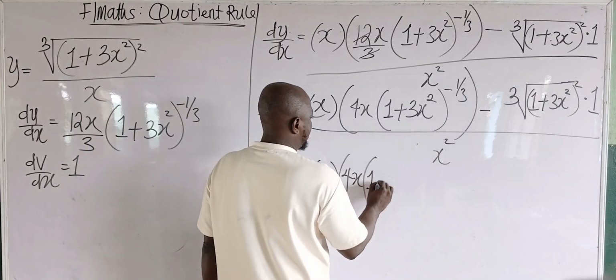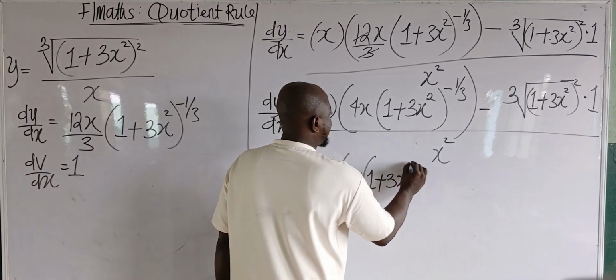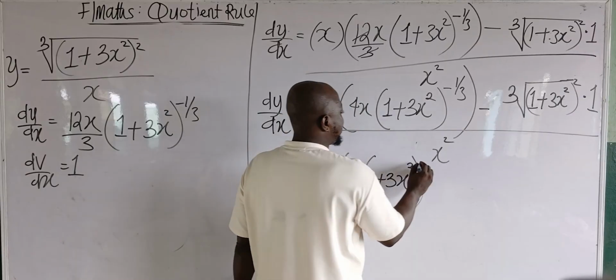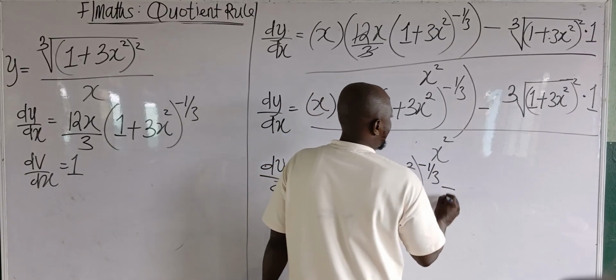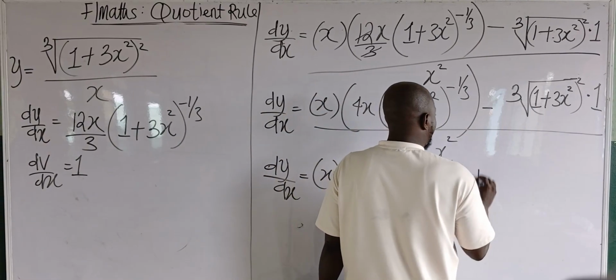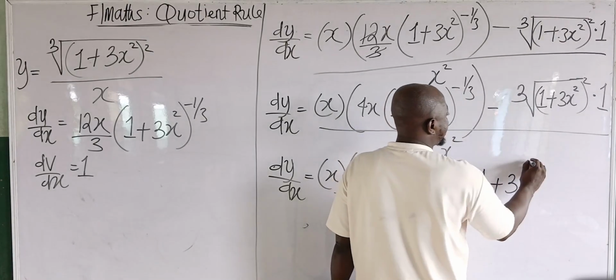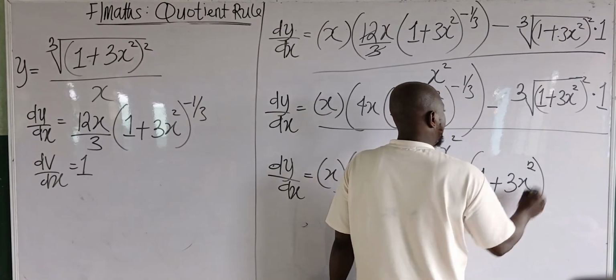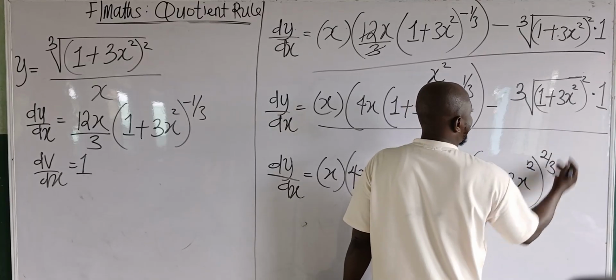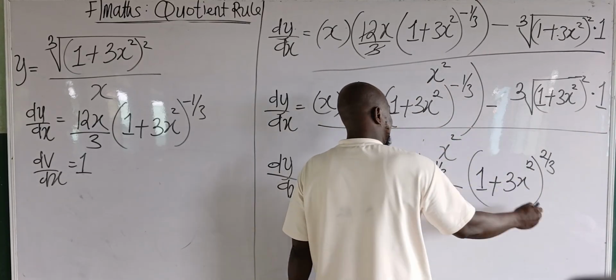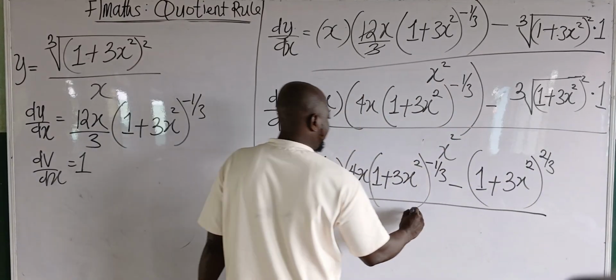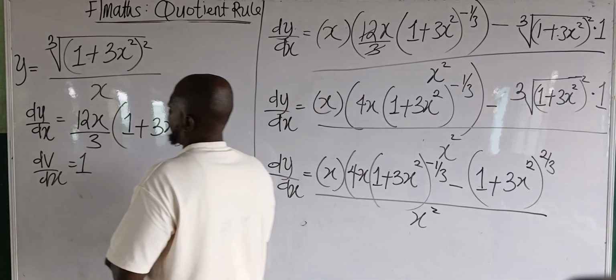Then I have 1 plus 3x squared here, raised to the power of 1 over 3 here, minus, remove this root. If I do that, as we already know, please, I'm going to have 2 here, then I'll have 2 over 3 here. Remember, when you multiply by 1, we're still going to have the same thing. So all of this one now will give us x squared.